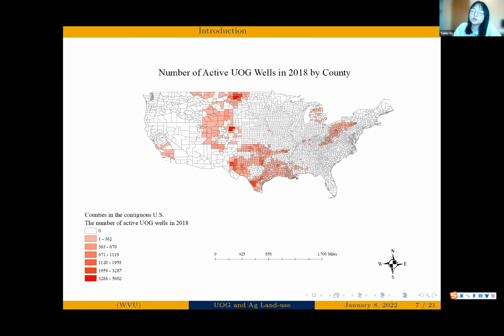The major shale play regions include Appalachia; the Southwest, which includes the shale plays in Arkansas, Louisiana, New Mexico, Oklahoma, and Texas; and the Great Plains, which includes shale plays in North Dakota, Montana, Colorado, Wyoming, and Kansas.